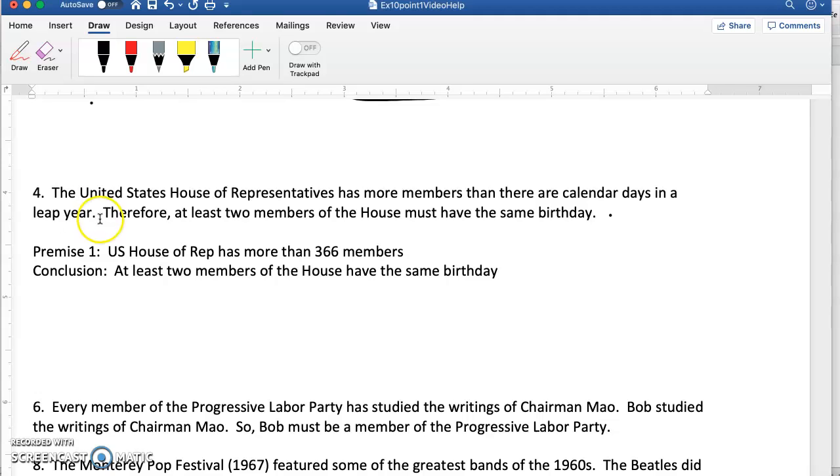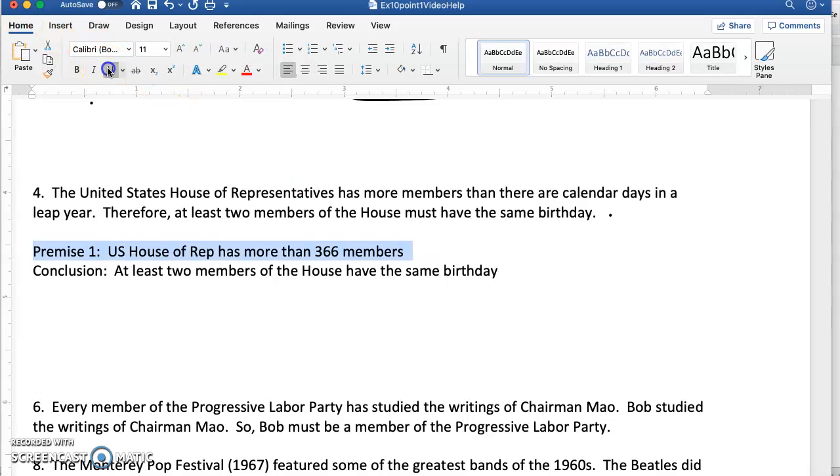All right. So again, the question here is: is it possible for the premise to come out true and the conclusion to come out false? Well, for that to be the case, we'd have to figure out how 366 plus members of the House could none of them have the same birthday.